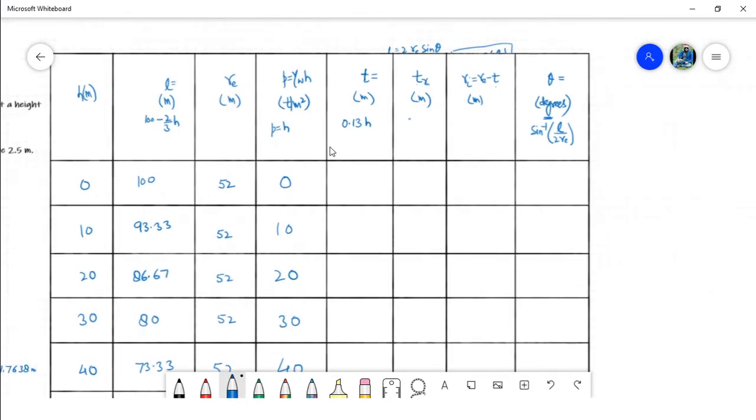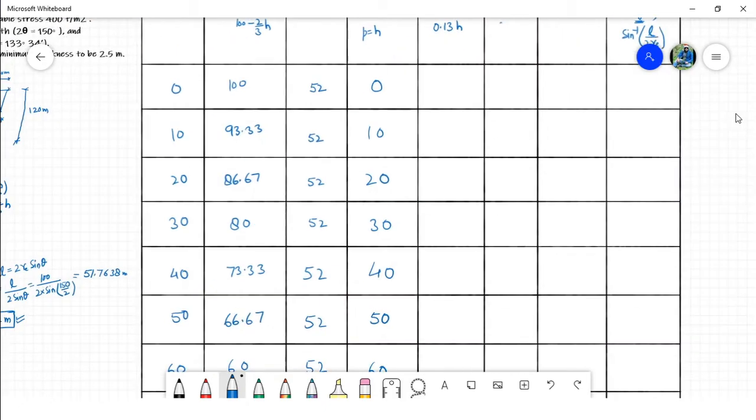Now next, the expression for calculating the thickness we have already derived.